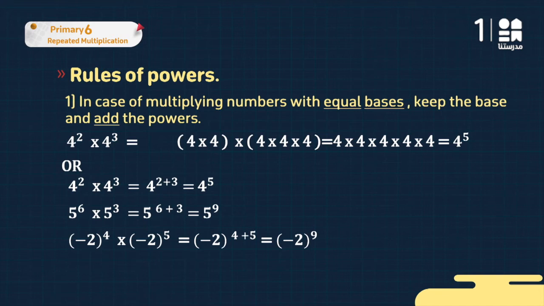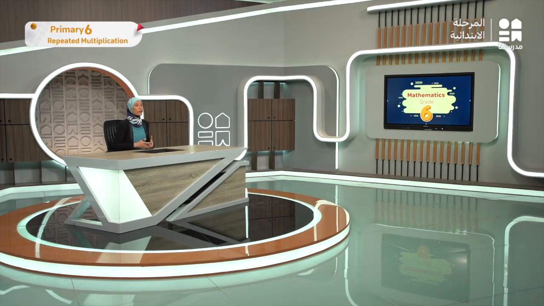So in the total multiplication, I have the 4 and I repeat multiplying it how many times? 1, 2, 3, 4, 5. So instead of writing 4 multiplied 5 times, I will skip all this part and just write the same base and add my powers. I hope it's clear now.